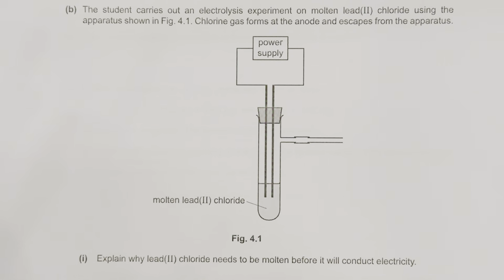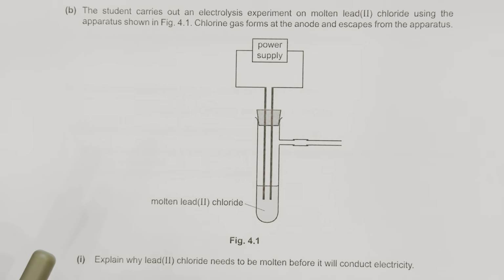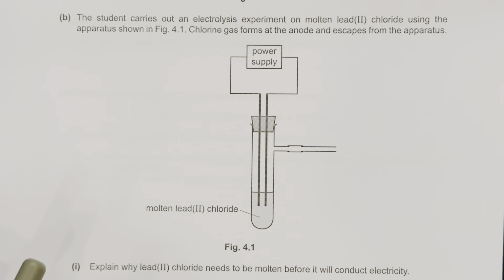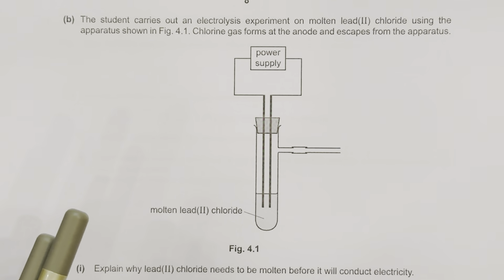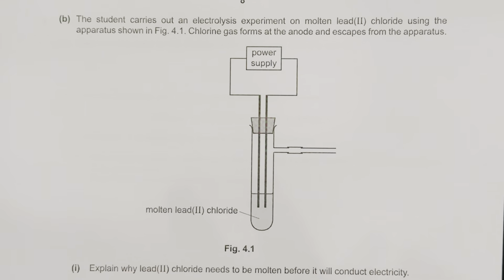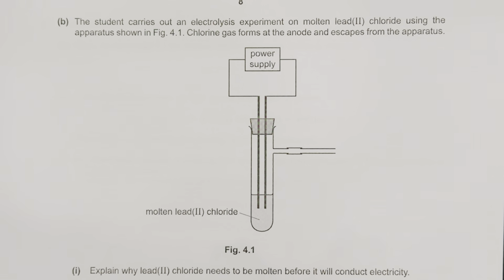Moving to the other part, B part. The students carried out an electrolysis experiment on molten lead 2 chloride using the apparatus shown. Chlorine gas forms at the anode and escapes from the apparatus. We can see the power supply here, and we need to label it.